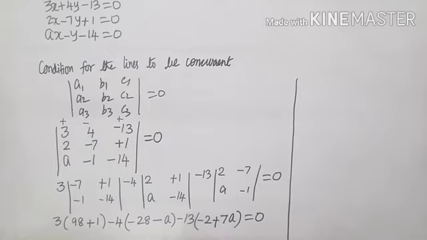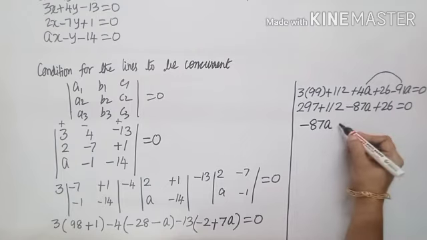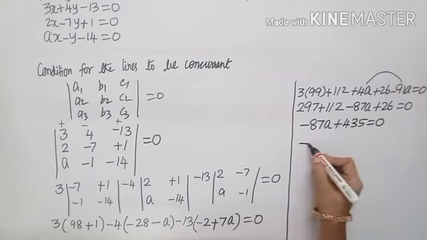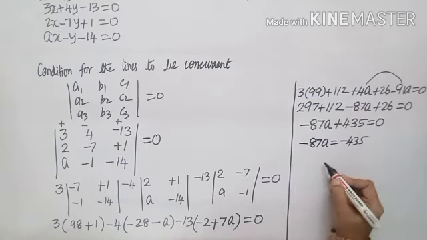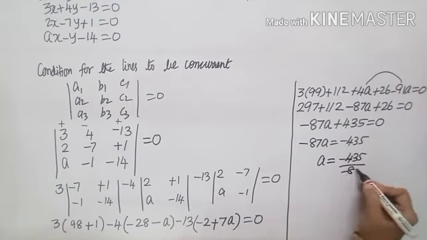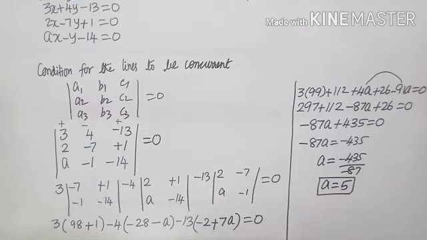As we have expanded, let us simplify. Minus 87a plus 435 equal to 0, or minus 87a is minus 435, a is minus 435 by minus 87, giving a value as 5, and that is the answer.